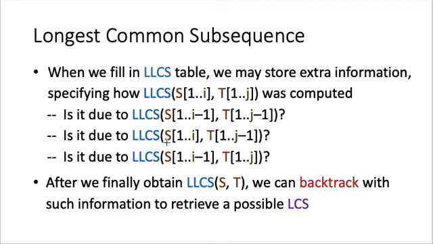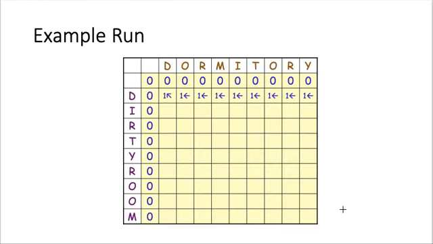Or is it due to the larger value coming from the left side, or the larger value coming from the top side? So we are specifying how we obtain each LLCS value during the computation. Once we have this extra information, it will be easy for us to retrieve the LCS by a process called backtracking. We will explain how backtracking is done by an example.